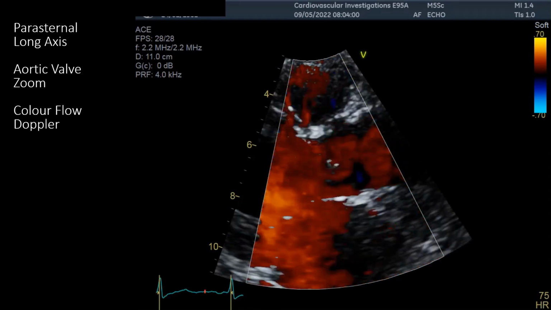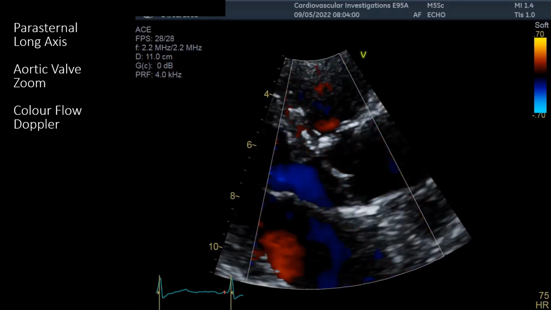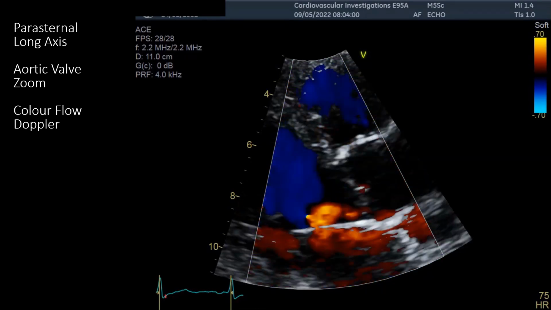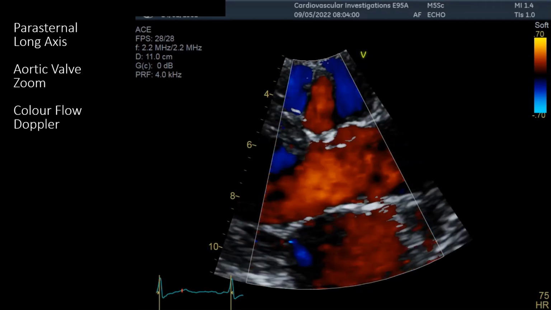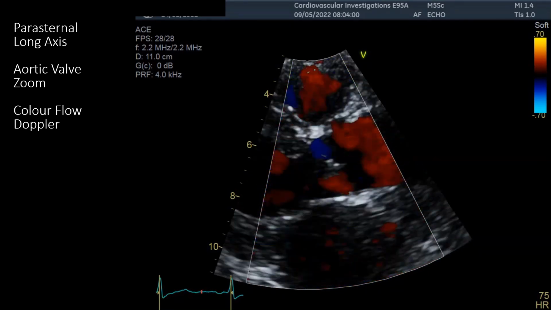But there is no obvious jet of flow emanating from the aortic valve at any point in diastole, which would represent aortic regurg, and there's no narrowing of the aortic valve opening that would lead to a stenotic turbulent flow.